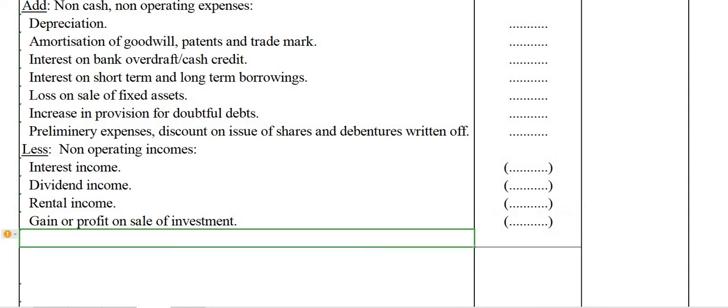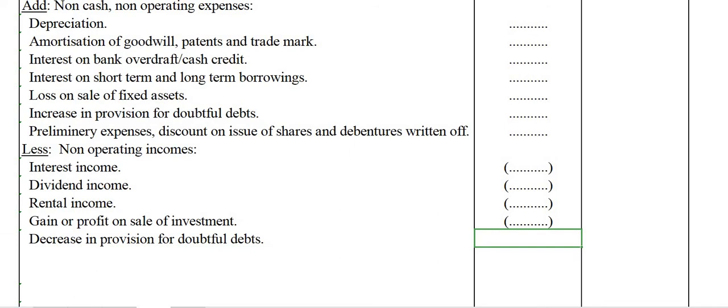Then next item, decrease in provision for doubtful debts. So provision for doubtful debts, if increases, expenses will be added. And provision for doubtful debts, if decreases, expense decreases. So expense decrease is equal to income increase. So it can be deducted.